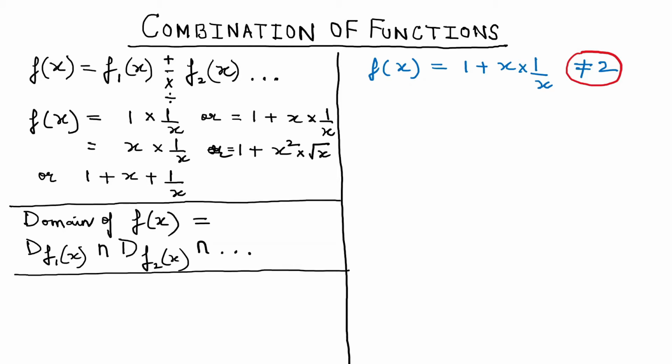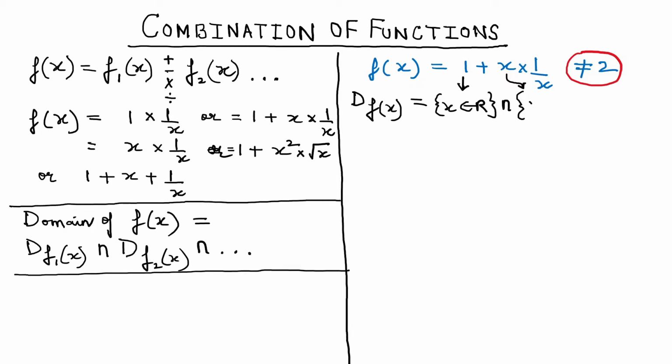So if I'm specifying the domain of f(x), the domain of f(x) will be the domain of 1. What is the domain of 1? x belongs to real numbers. Let's put this in curly brackets, intersection with the domain of x.